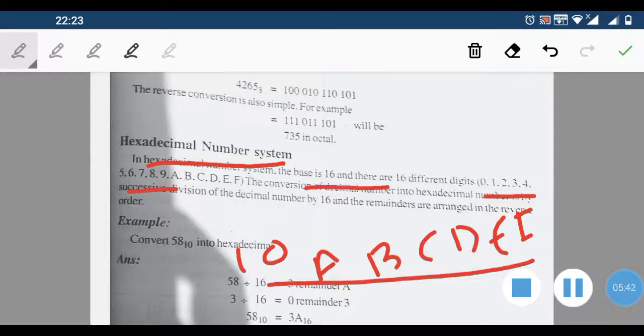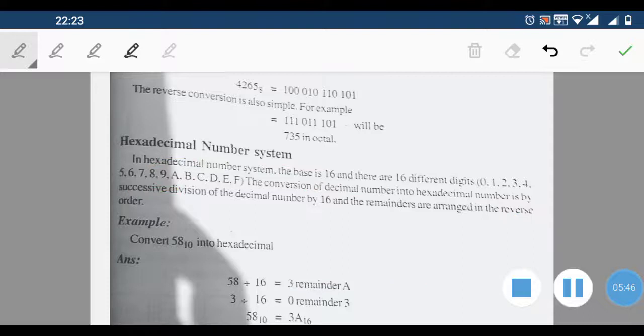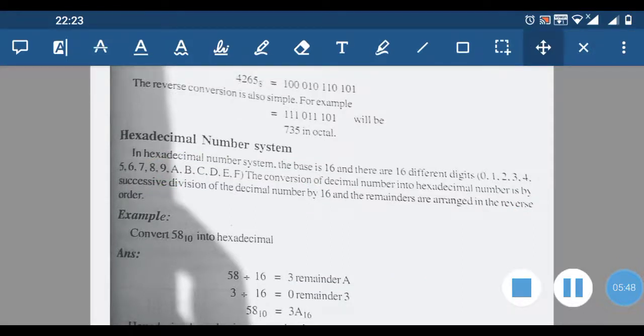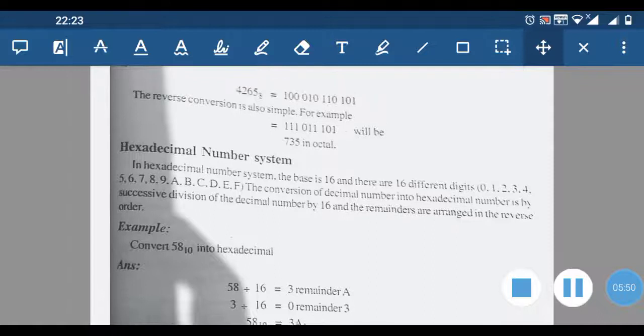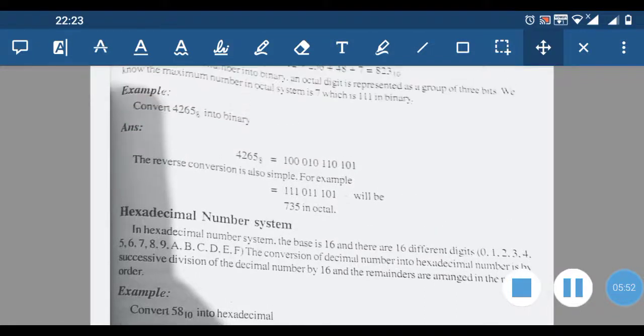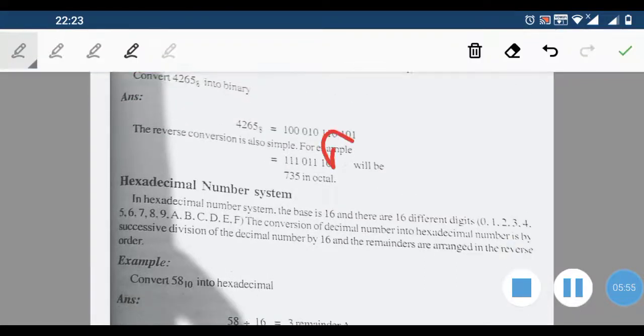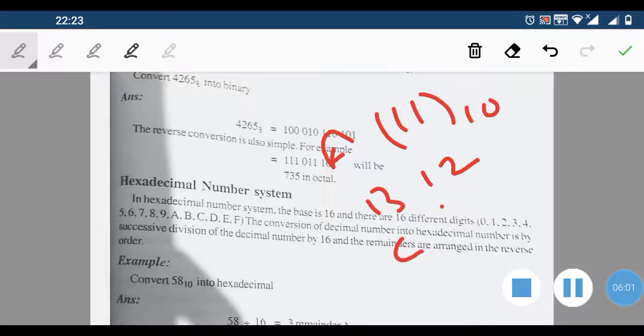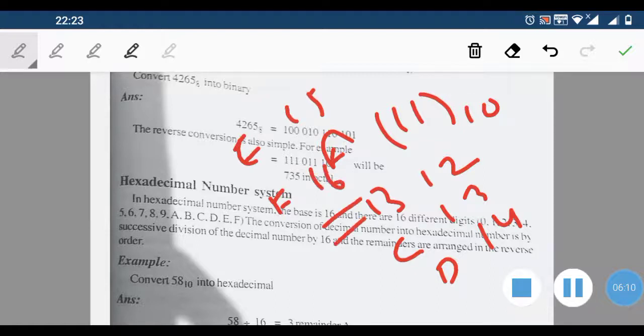Usually A corresponds to 10 in decimal, then B corresponds to 11, C to 12, D to 13, E to 14, and F to 15 in the usual decimal number system.